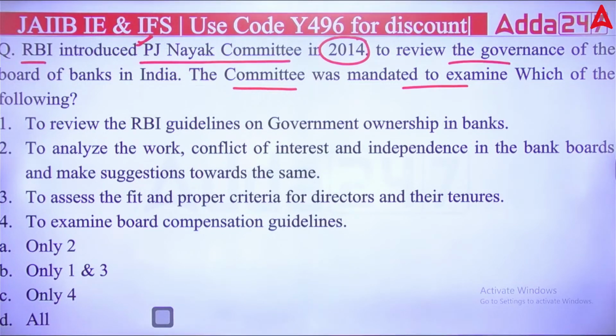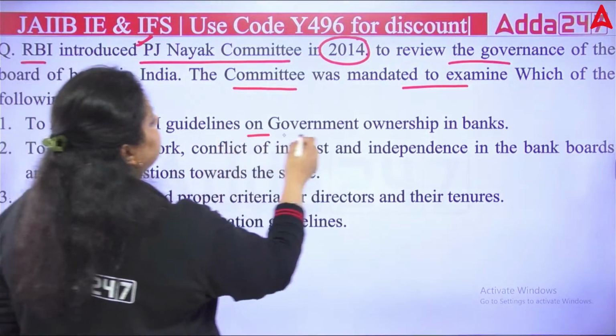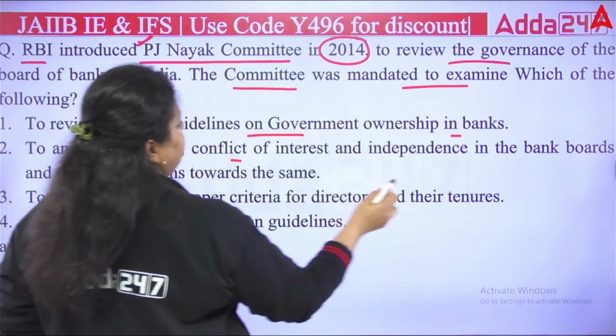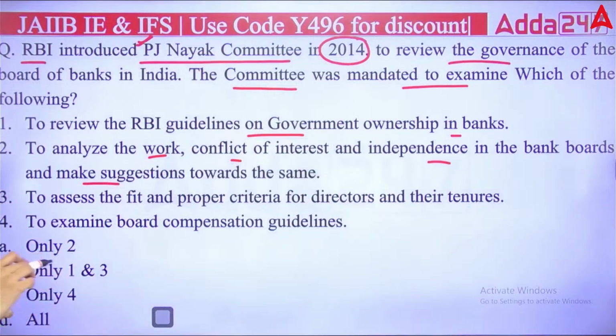Let me know which of the following is correct here. Okay, so the right answer is actually: first is saying to review the RBI guidelines on government ownership in banks, to analyze the conflict of interest, independence in the bank board and make suggestions towards the same.